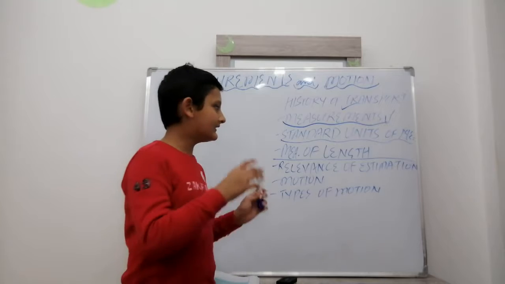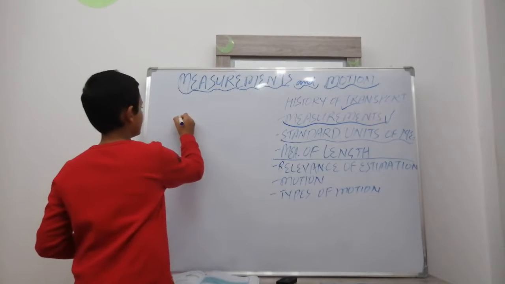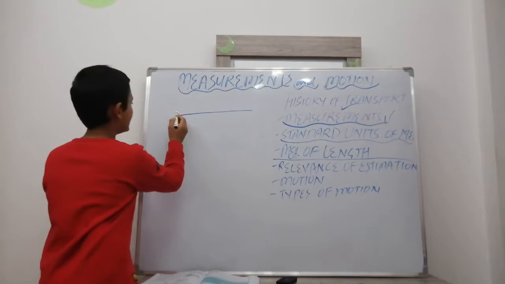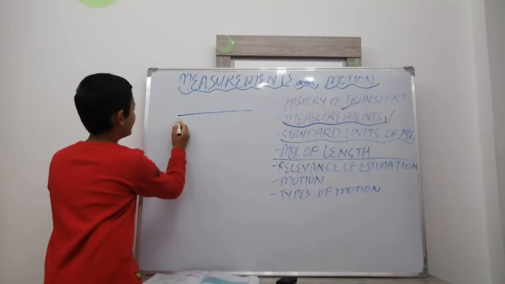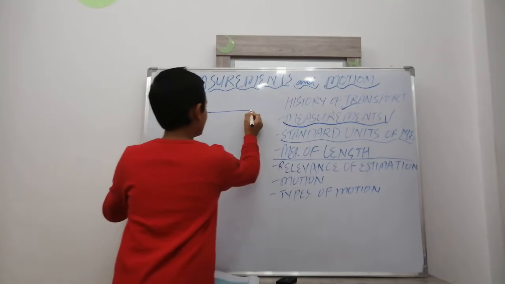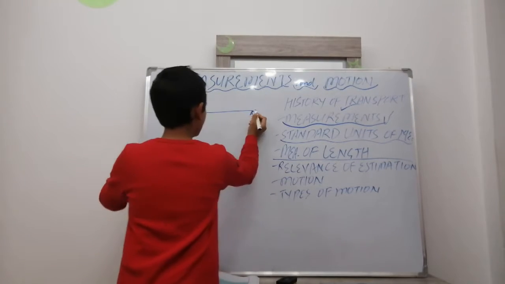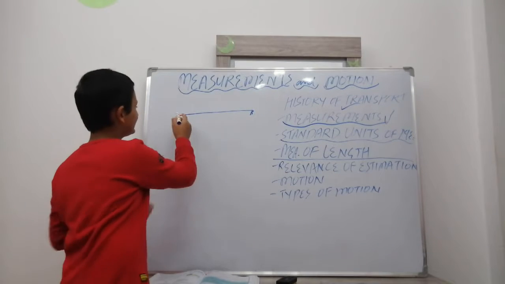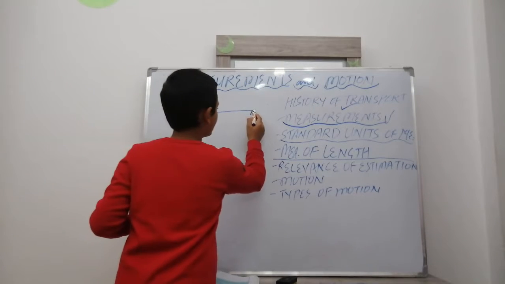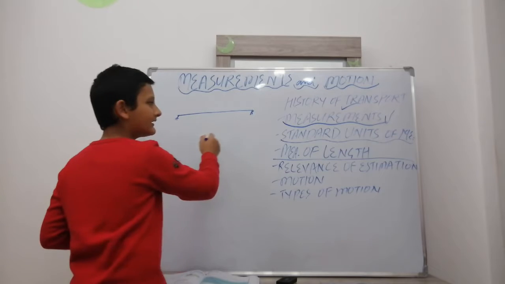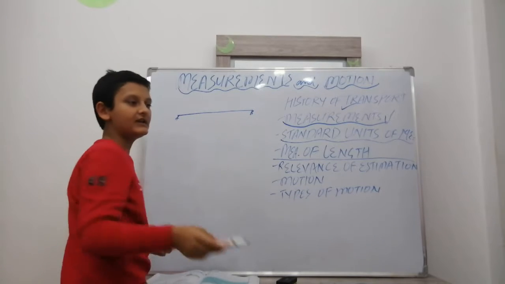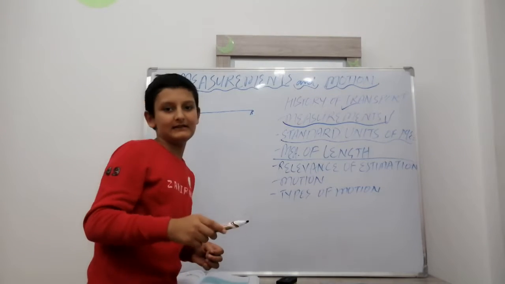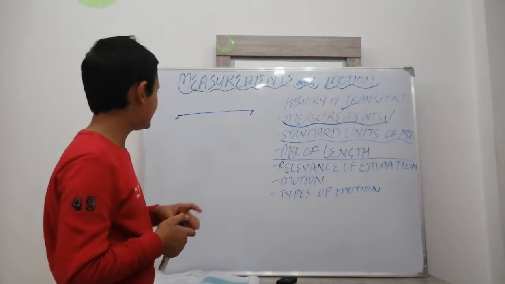Remember this. The distance from point A till point B, finding the distance from point A till point B, is known as length. Length is a distance.